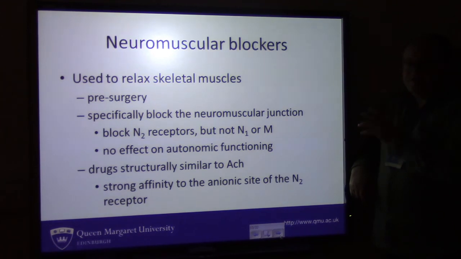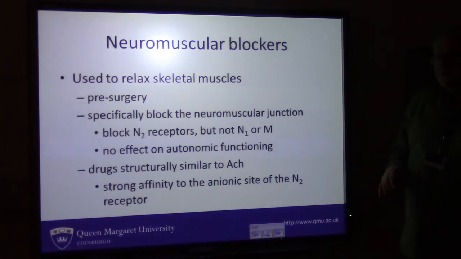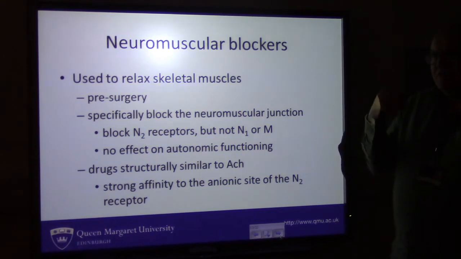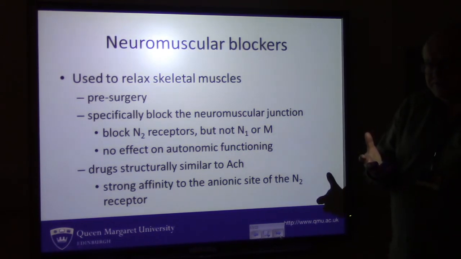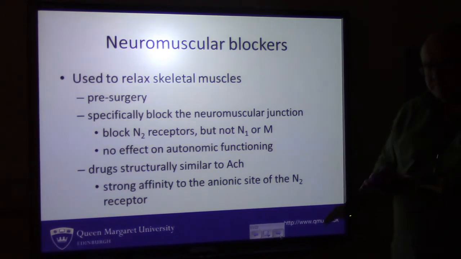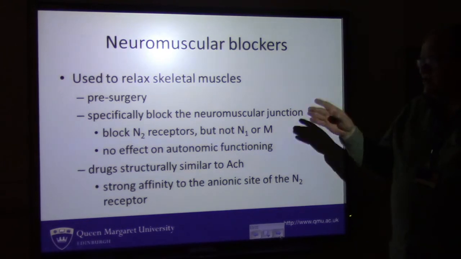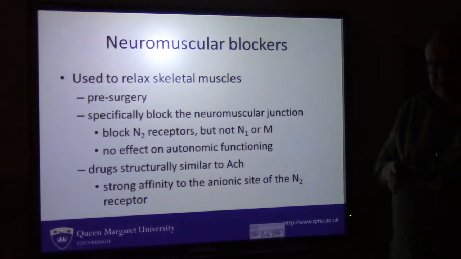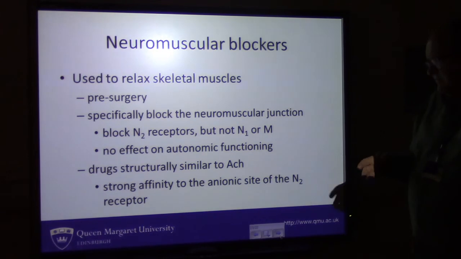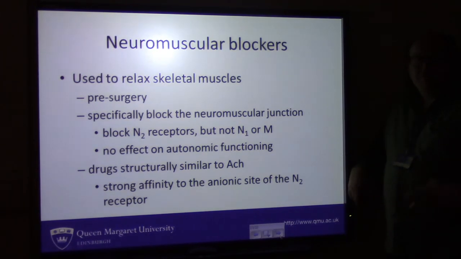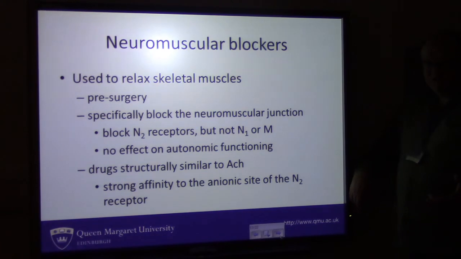The good thing about these drugs is they have a level of specificity. Whereas if you affect the acetylcholine release, you're potentially affecting it at every receptor, these drugs only block the N2 receptors, so you don't have N1 or M activity. That minimises the impact that these drugs have on the wider autonomic function of the body.